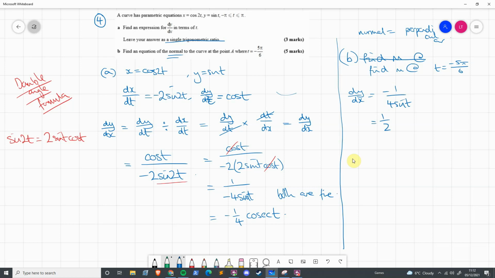So that's the tangent gradient. The normal gradient, I can put it as m perpendicular, that's a little sign for perpendicular. We know it's going to be minus 2. So that's one piece of information. The other problem is we actually need an x and a y value.